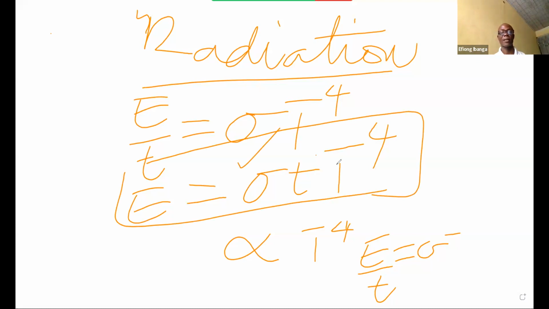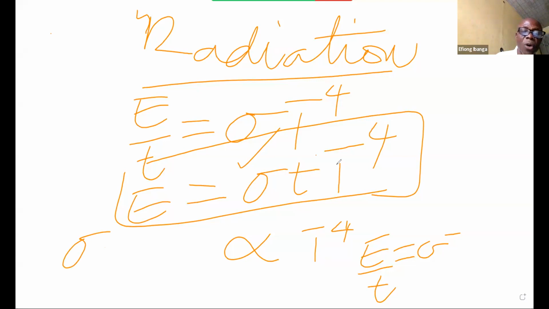This is the basic thing that you have to bear in mind. So in other words, the power absorbed or radiated, or the rate of absorption of energy, is proportional to the fourth power of the absolute temperature. Now my constant sigma has a unit. What is the unit?